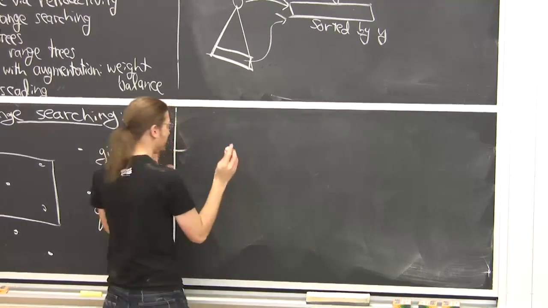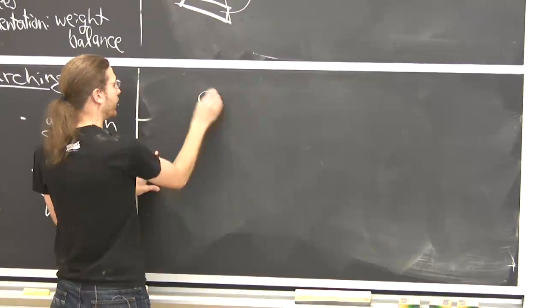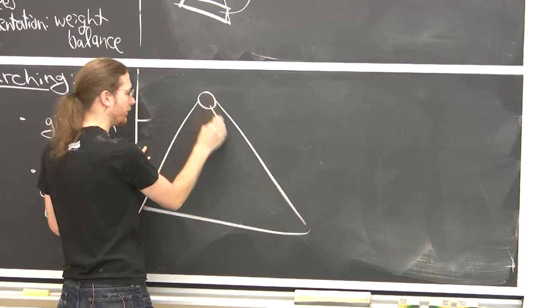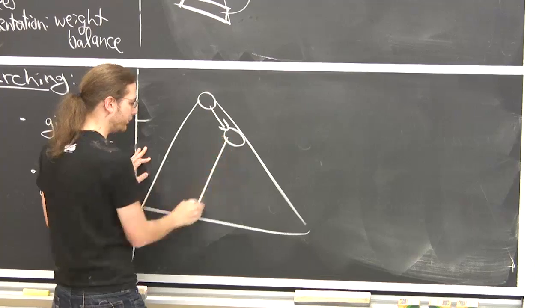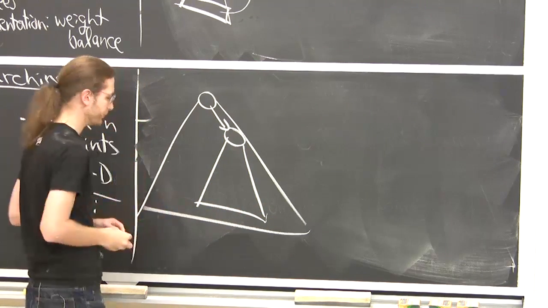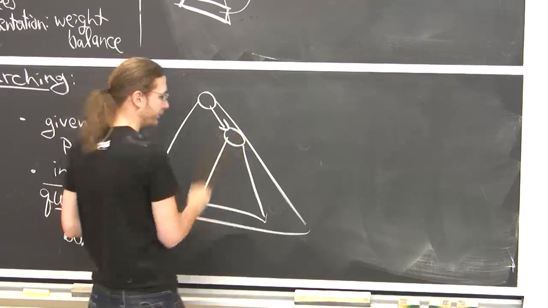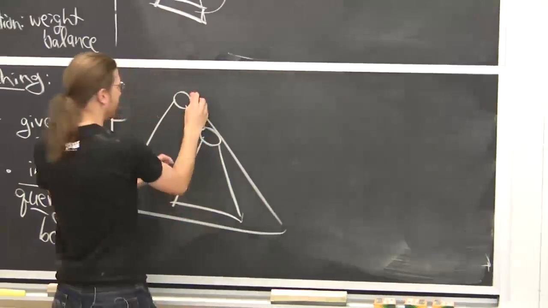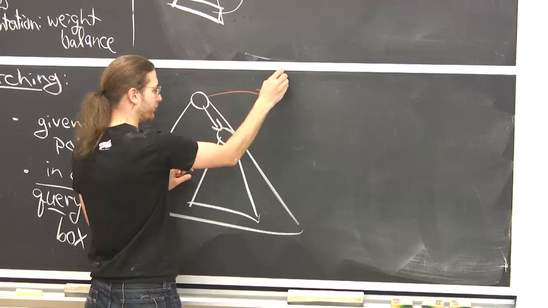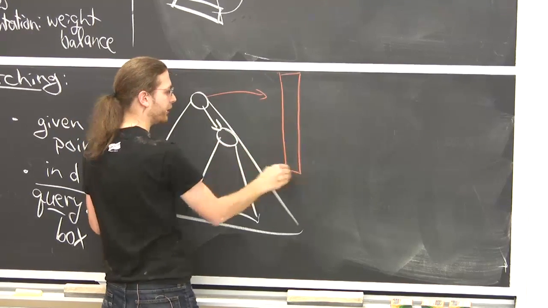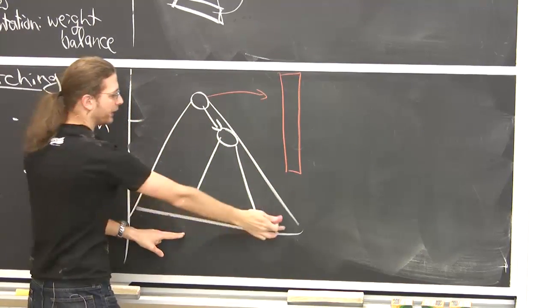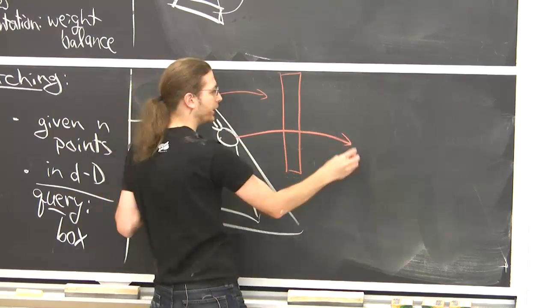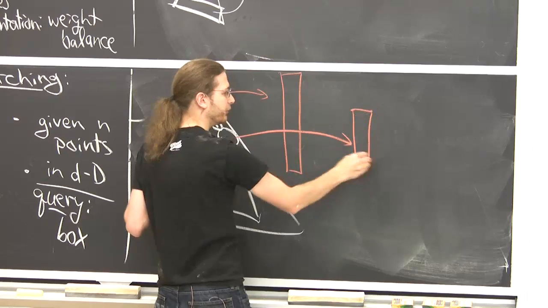So imagine in the X tree, I'm at some node, and then I follow a right pointer to the right child. Now in Y space, maybe I should switch to red for Y space. This guy has a really big array representing all of the nodes down here, sorted by Y coordinate. This guy has a corresponding array with some subset of the nodes.